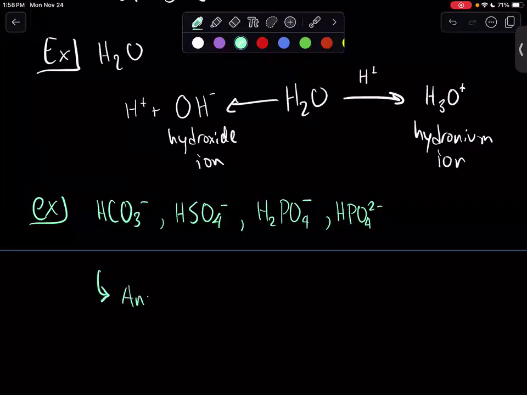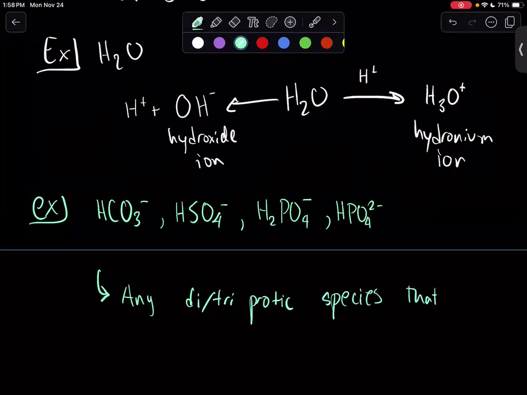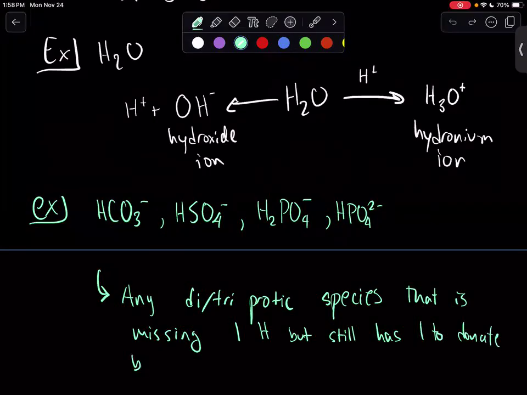And so pretty much any di or triprotic species that is missing one hydrogen, but still has one to donate, usually will be amphiprotic.